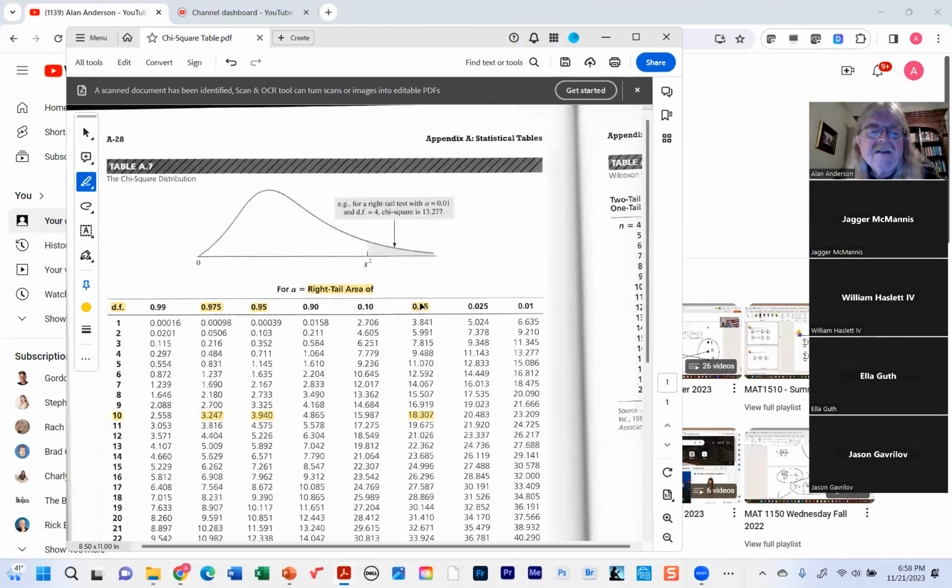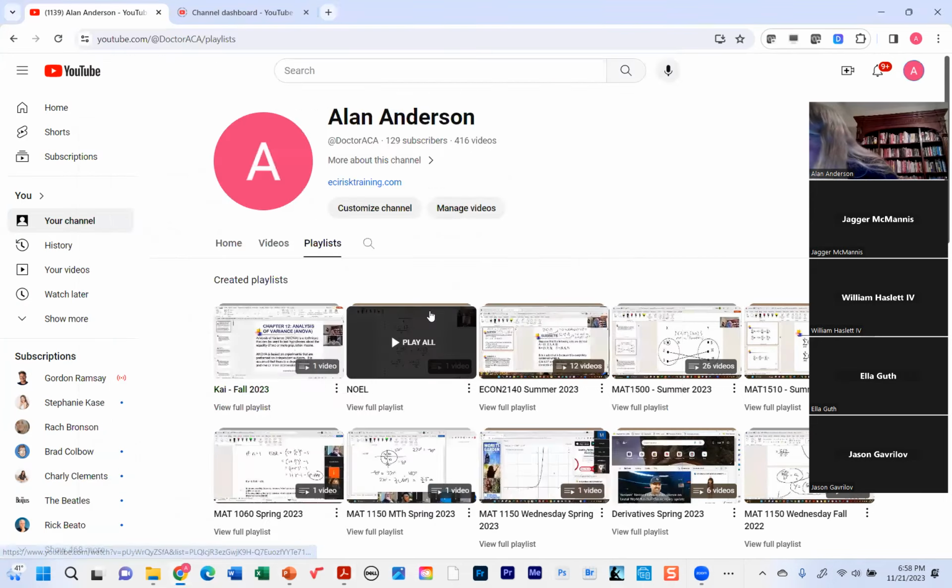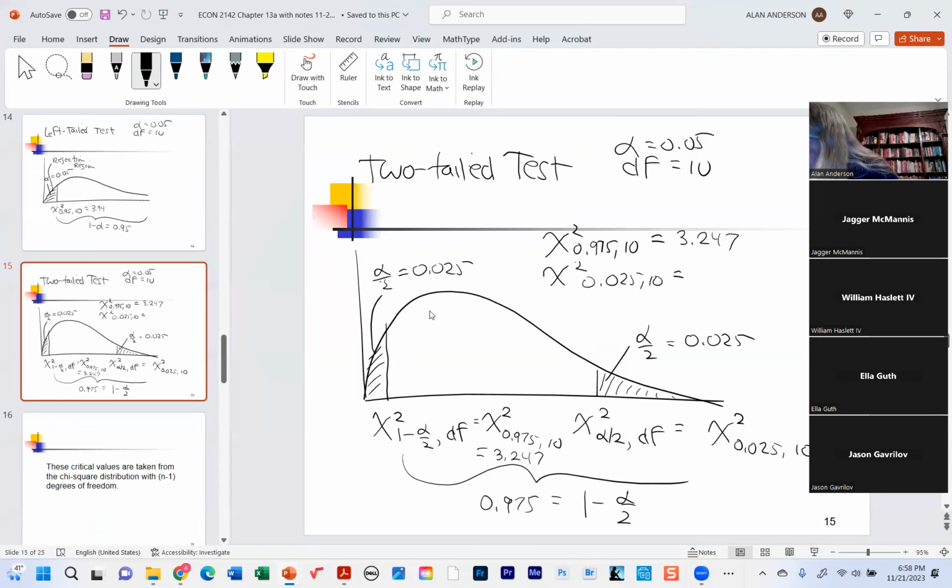We now need 2.5% in the right tail combined with 10 degrees of freedom. That brings us to 20.483. Those are our two critical values for a two-tailed test where alpha is 0.05 with 10 degrees of freedom. Those are the two tails that we need.